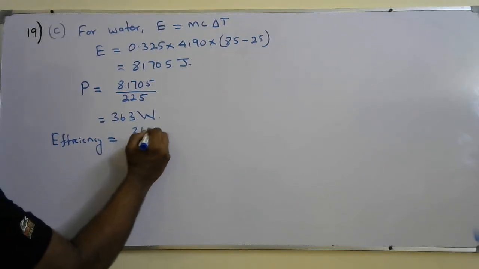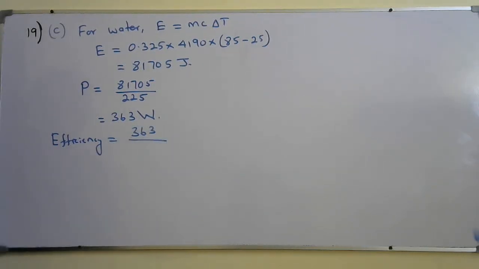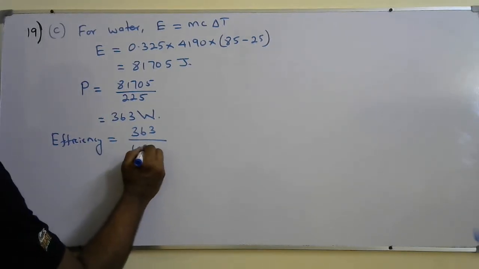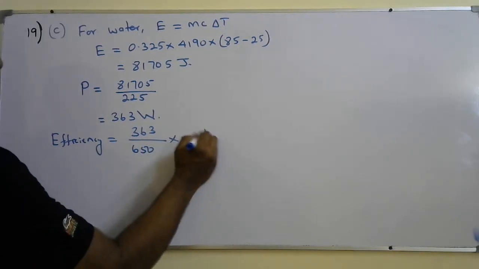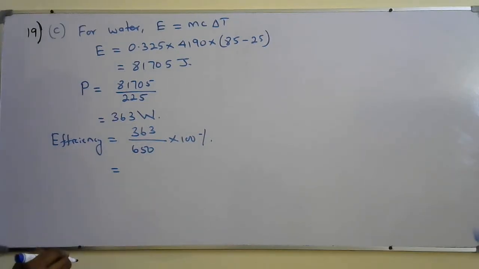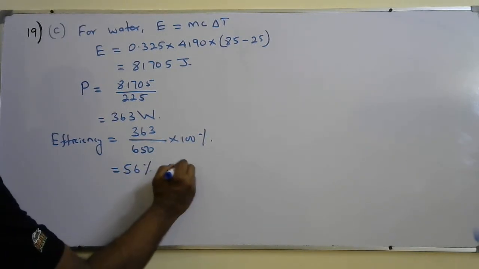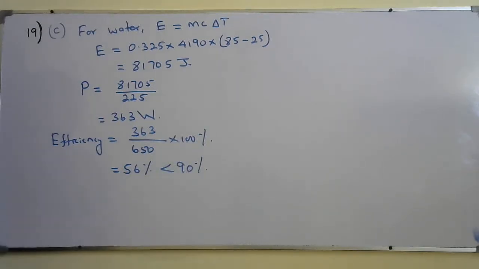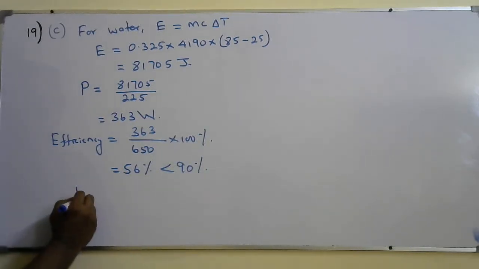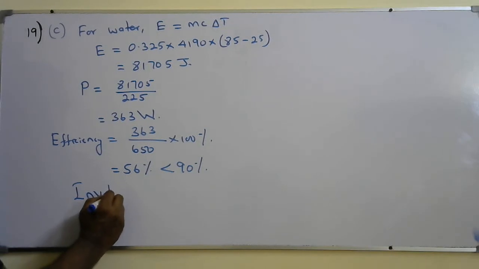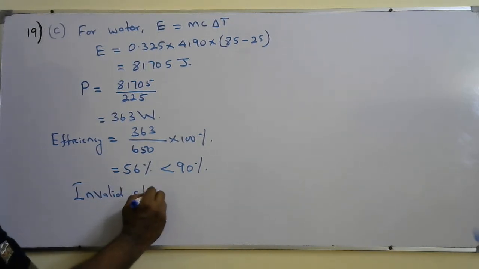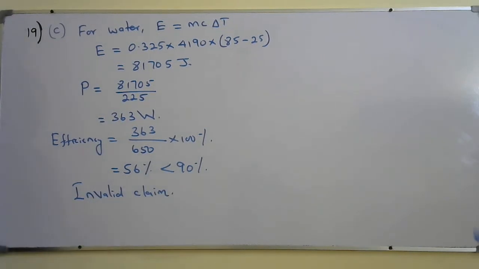Useful output power 363 divided by input power 650, times 100%. That's going to be almost 56%, less than 90%. So it is an invalid claim by the manufacturer.